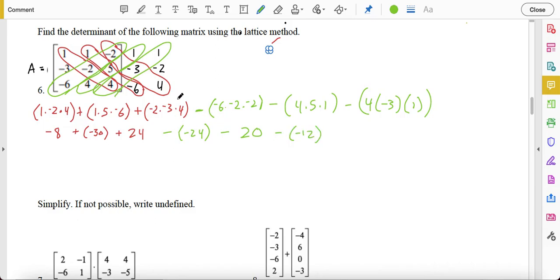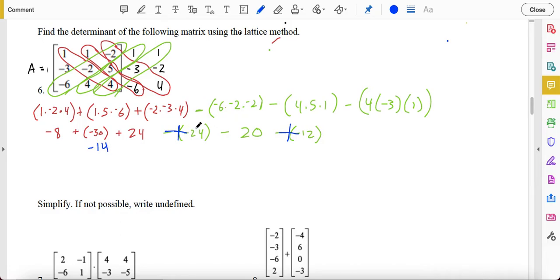Changing colors here to be clear about what's happening, this turns into a positive. So this turns into plus 24 and plus 12, because minus and negatives. So we can combine like terms here. These three red ones turn into -14.